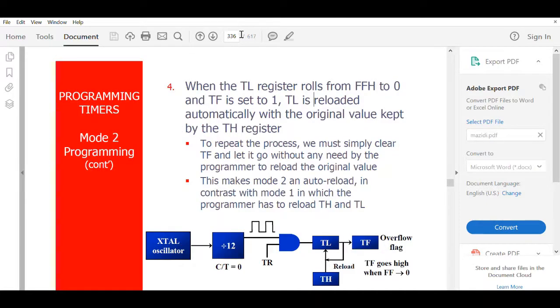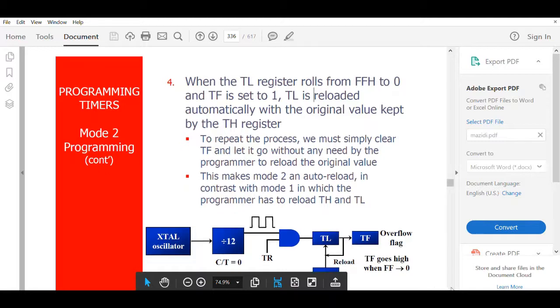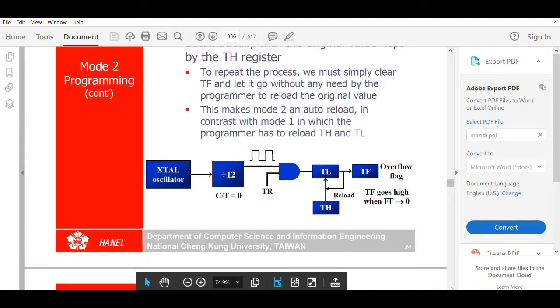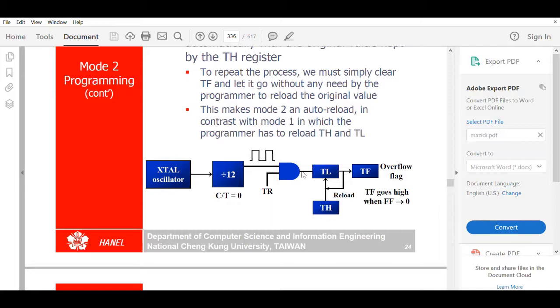Now coming to mode 2 programming, this is the setup for mode 2 programming. Again, the timer frequency is 1 by 12th of the crystal oscillator frequency. Again, you have an AND gate. TR should be made equal to 1 using the instruction SETB TR0 or TR1 so that the frequency will reach the timer, making it count up.